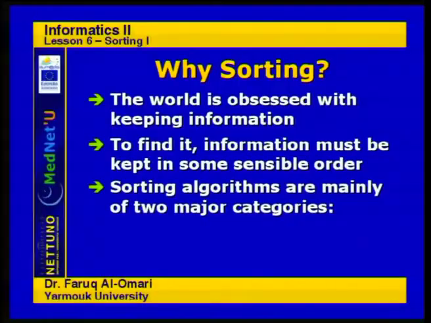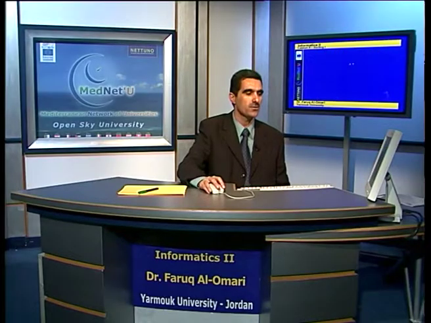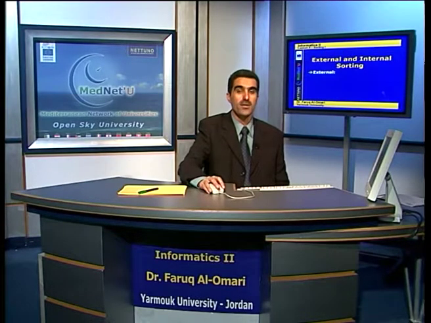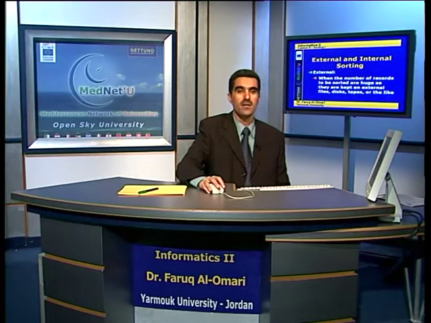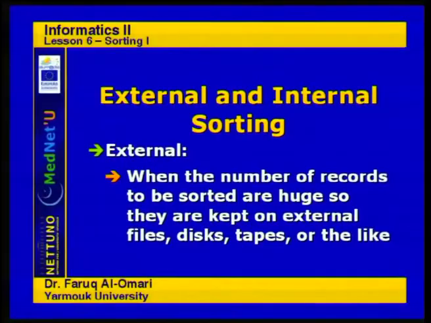So sorting algorithms are mainly of two categories, two major types. The first is what's so-called external or internal. What is the difference between external and internal? Well, external sorting is when we have a huge amount of data that cannot be handled and stored all together in the main memory of the computer.